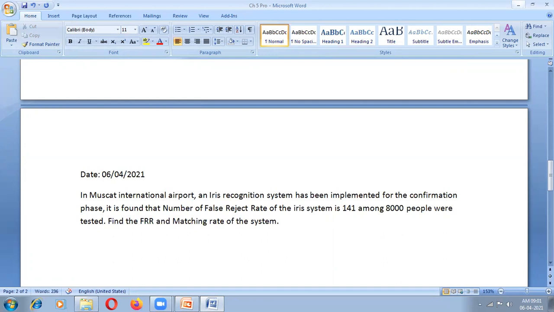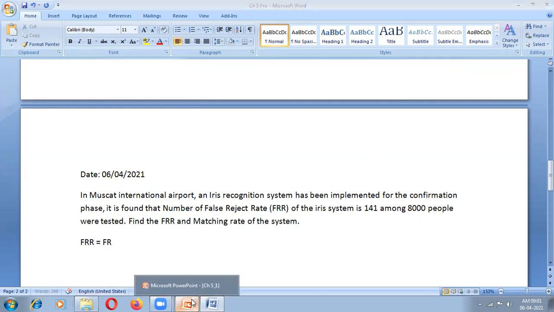Here we need to find FRR, that is false reject rate. The formula for false reject rate is equivalent to the number of false rejects divided by n.